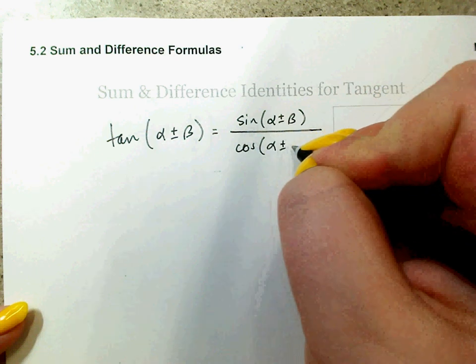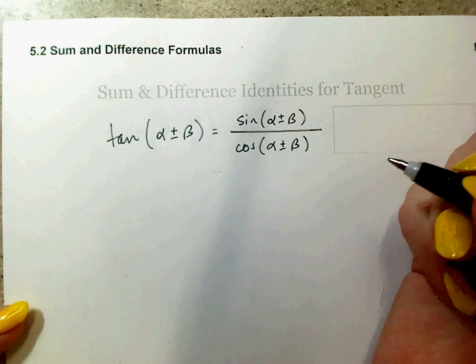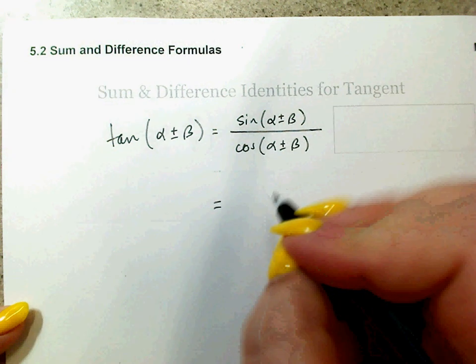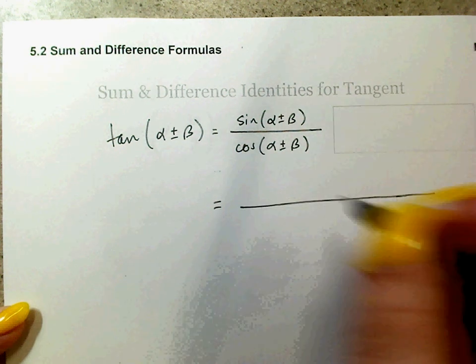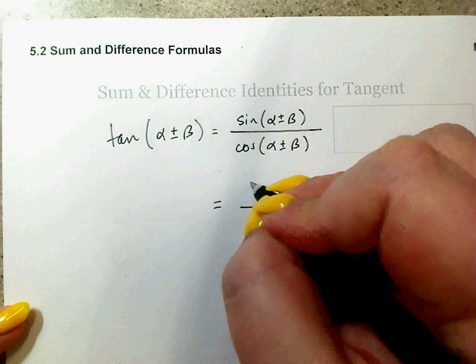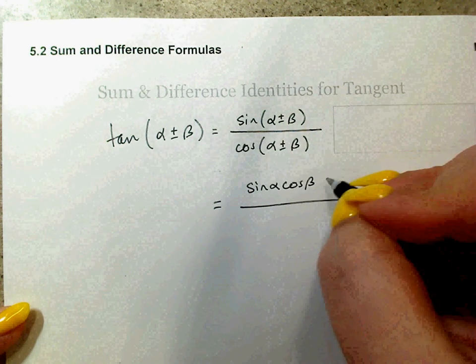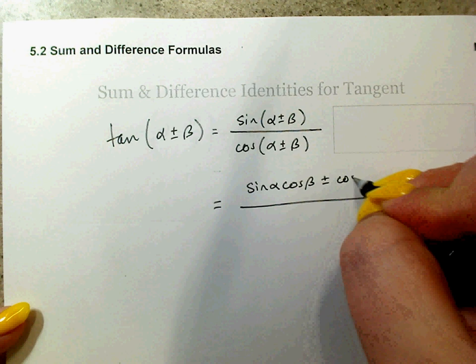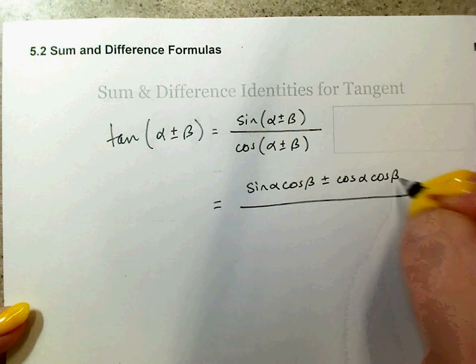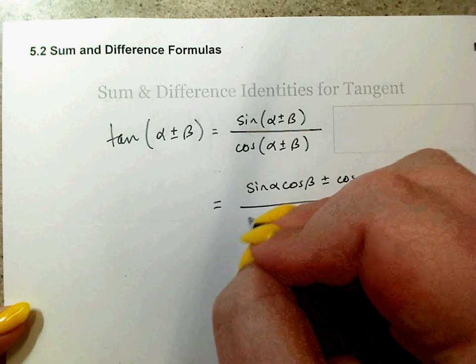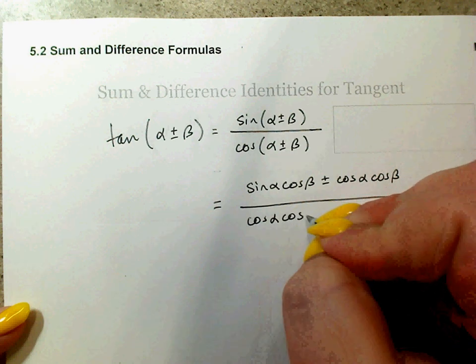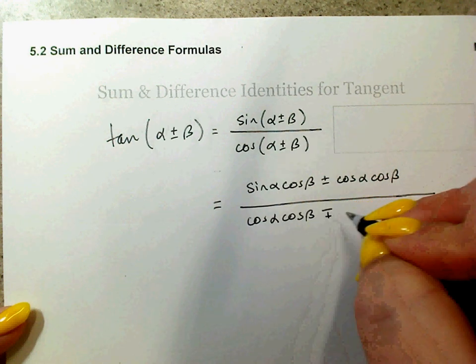And then I'm actually going to fill that out. So I've got sine alpha cosine beta plus and minus cosine alpha sine beta over cosine alpha cosine beta minus plus sine alpha sine beta.